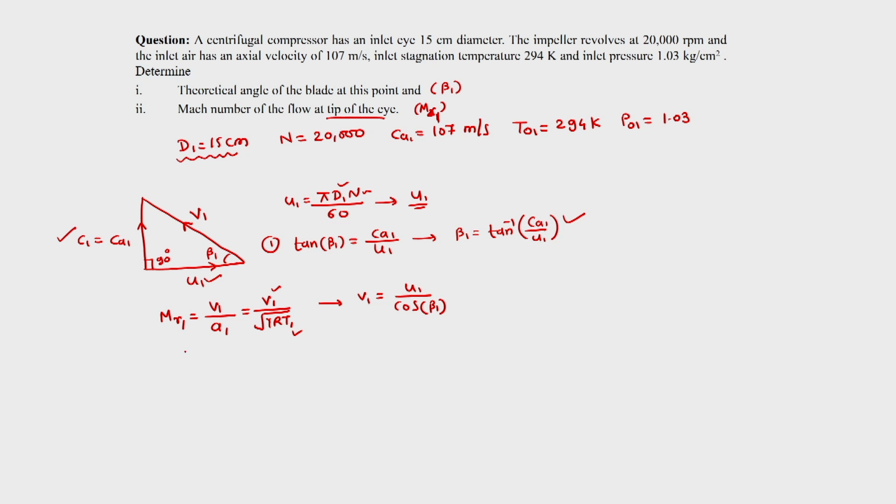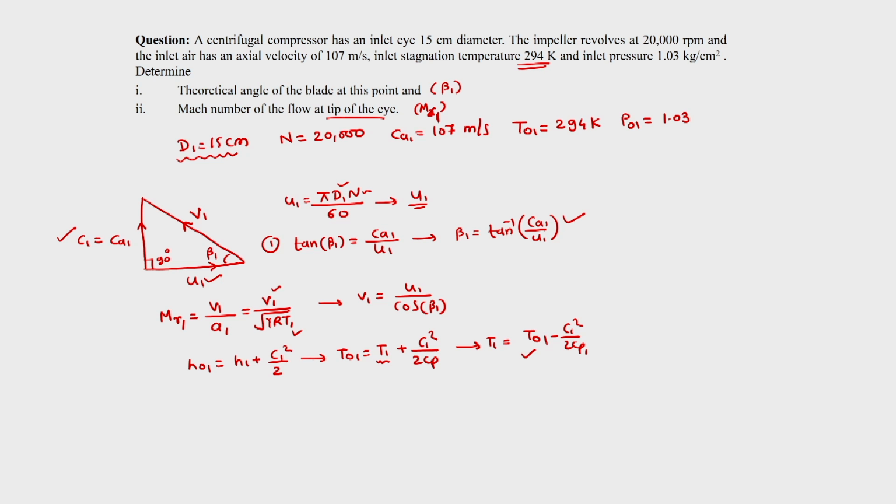Now our problem is to find T1. For that we can take help again: H01 is equal to H1 plus C1 square by 2. So T01 is equal to T1 plus C1 square by 2 Cp. So here we are supposed to know T1. So T1 is equal to T01 minus C1 square upon twice Cp, where we are told that the stagnation temperature at the inlet is 294.